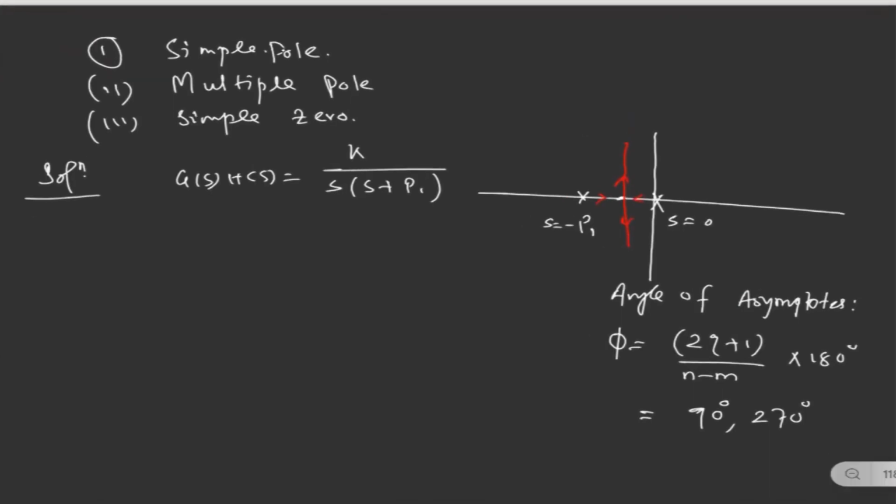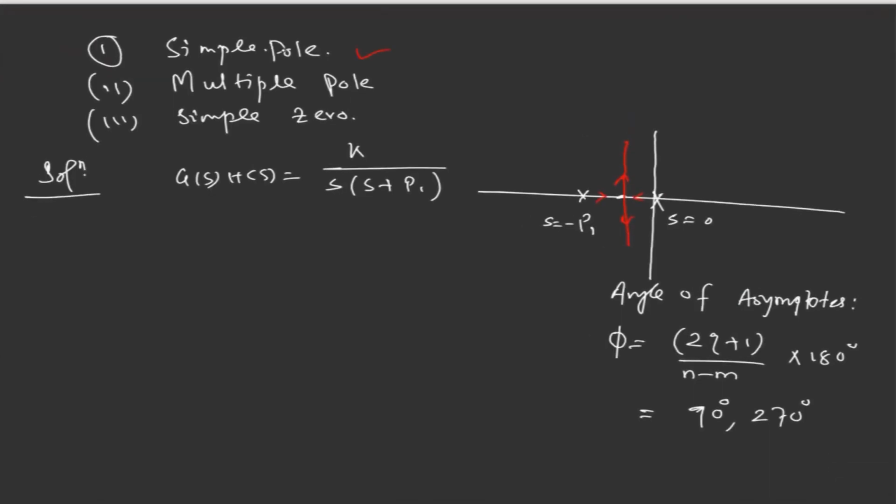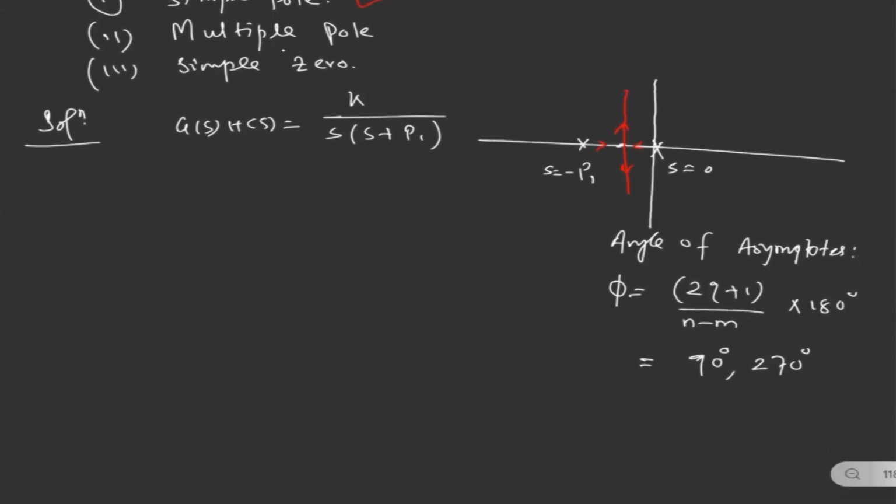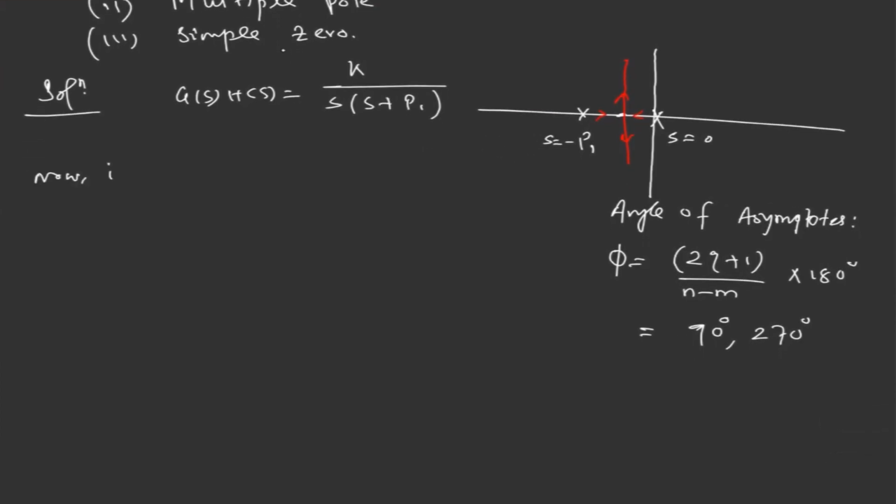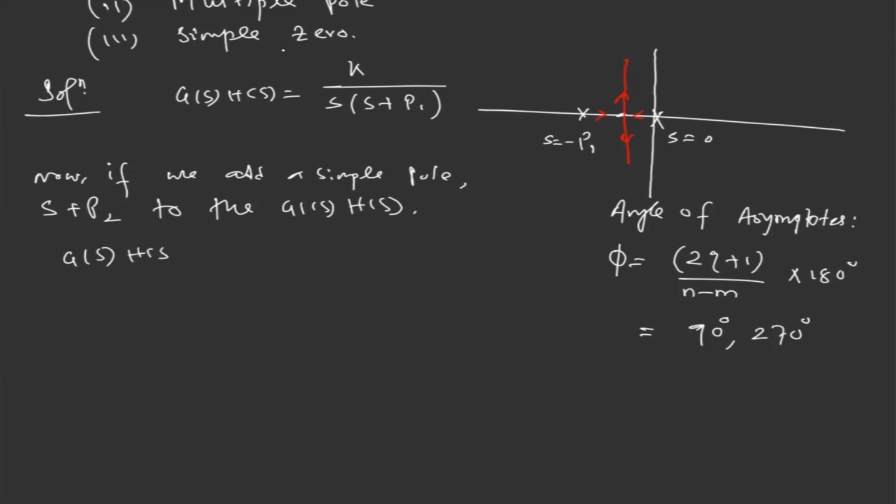Now let's look at the first case. If we add a simple pole to the system, how will the locus be affected? Let's look. Now, if we add a simple pole, s plus p2 for example, to the G(s)H(s), the modified transfer function will be K upon s into (s plus p2) and (s plus p1).